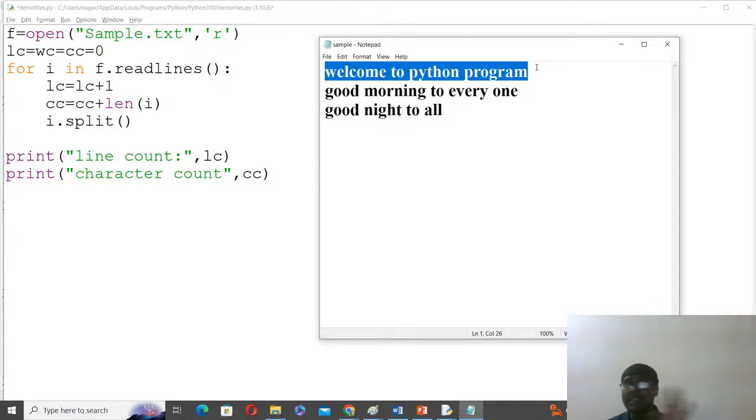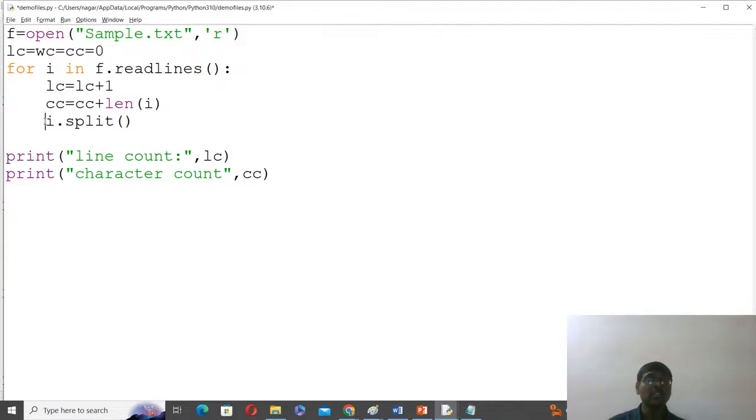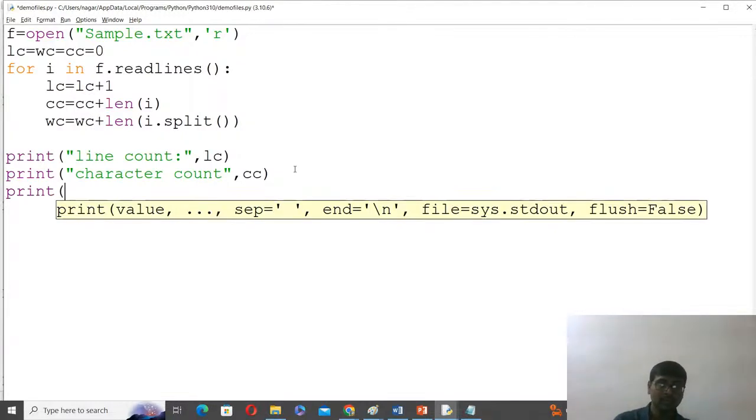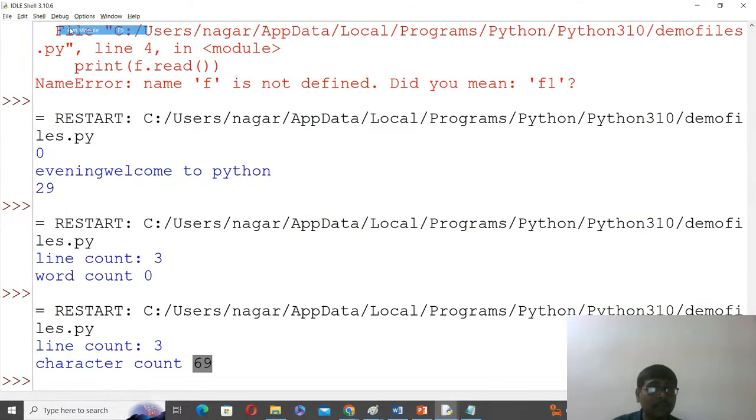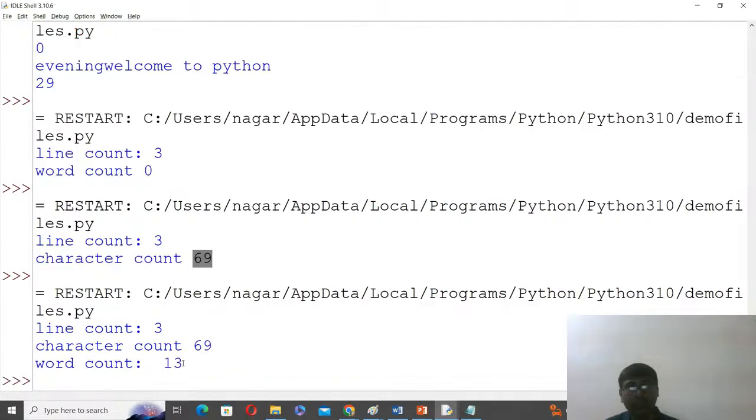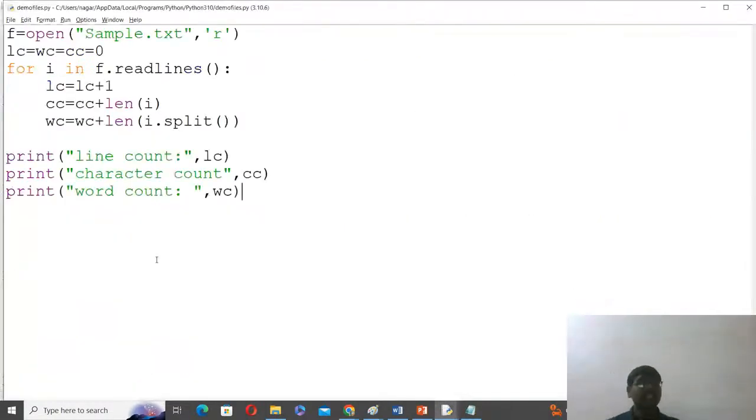I do not need the words, I need just the count. So I.split returns a list, and I am calculating the length of the list. Now WC = WC + len(I.split()). See, total 13 words, yes or no? Okay, this is the way.